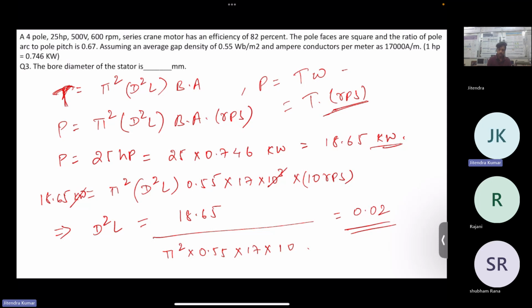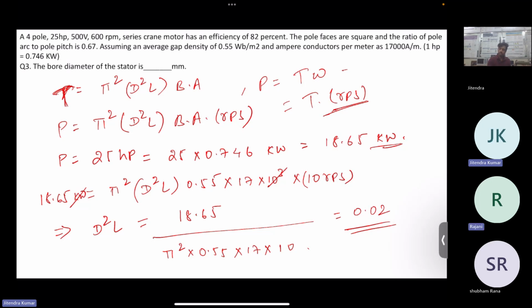So now we have to calculate D, but we also don't know the value of L. L is the axial length, D is the diameter of the bore. Bore diameter is the stator inner diameter, just after the air gap. For an inner rotor motor, the bore diameter is where the air gap ends.